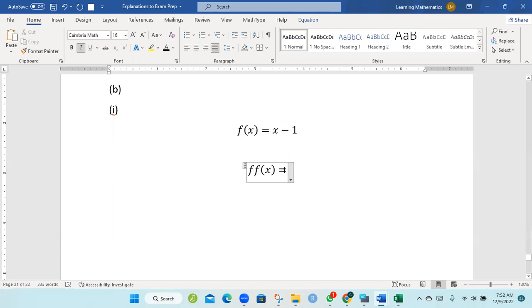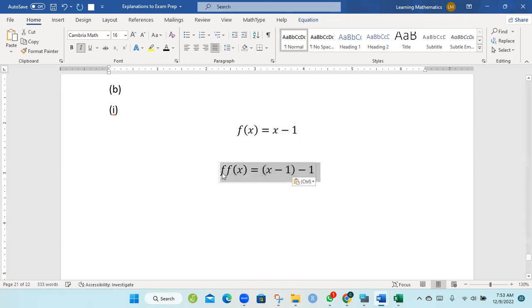So we're going to substitute x minus 1 into f. Remember, f is x minus 1. So where x is now, we're going to put x minus 1. So f of f is x minus 1 minus 1.